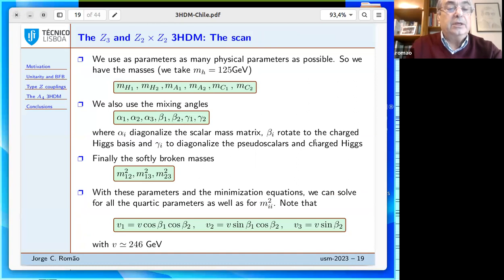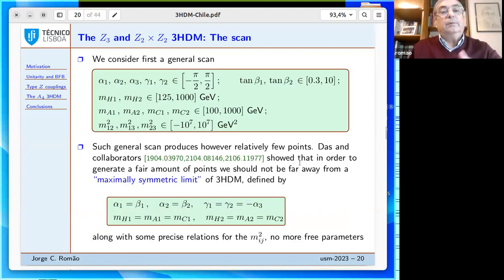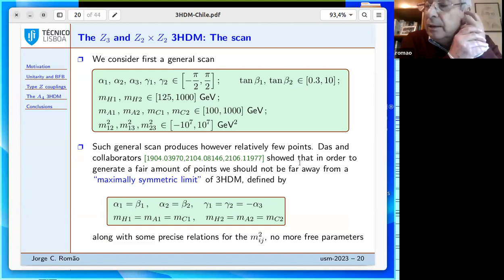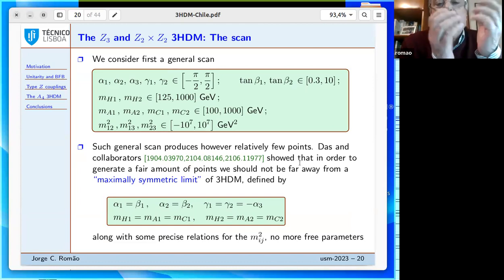In our parameterization, we take the VEV to be given by the W mass, of course, and the relation between the v1, v2, and v3, and the VEV is given by this beta 1 and beta 2. Now, what do you do for the scan? Well, in principle, we like to have a general scan, which means that you take the angles between minus pi over 2 and pi.